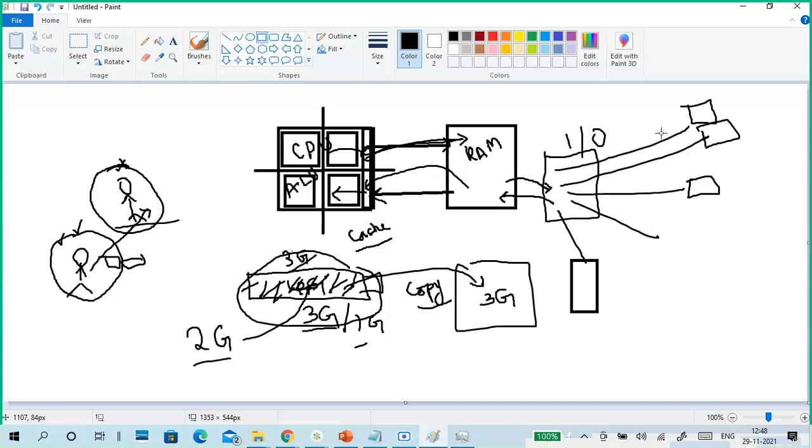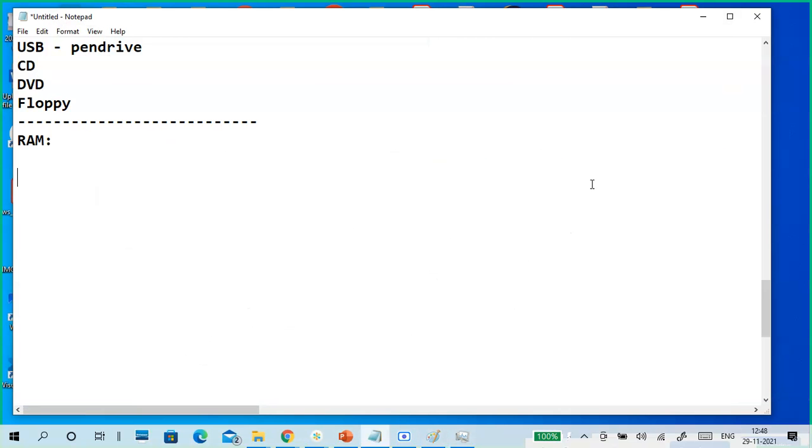So RAM takes the data and instructions from your devices and gives it to your CPU. CPU processes it and gives it to RAM, to the devices through the IO connector. So that is the basic functionality of your computer. Always remember that RAM is a primary memory device.